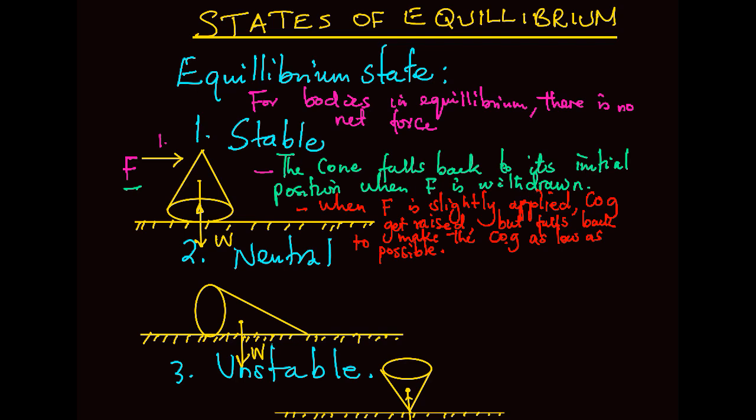Neutral equilibrium. In neutral equilibrium, the cone is allowed to rest on the table horizontally so that the center of gravity acts downwards and the weight, which is the force in this case, acts from the center vertically downwards on the table.